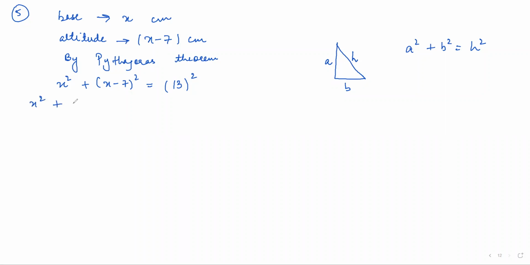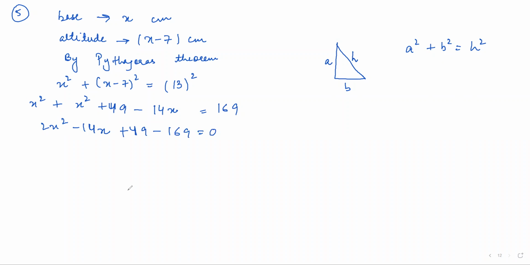Okay, let us solve it. (a minus b) whole square means a square plus b square minus 2ab. That means 2 into 7 is 14x, right? This is equal to 13 square, which is 169. So 2x square minus 14x plus 49 minus 169 is equal to 0.